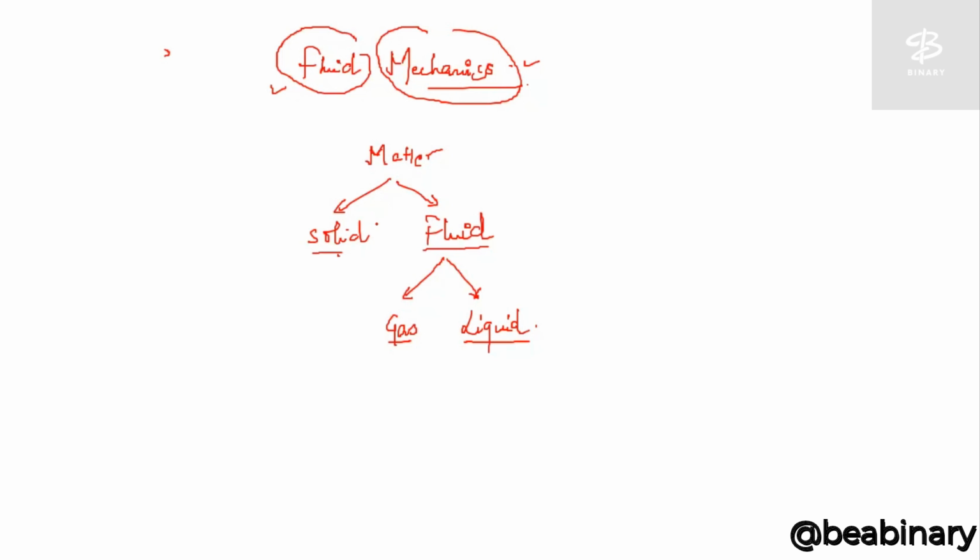In case of fluid, the intermolecular force is very less as compared to the solid. A solid has some definite shape and size, but fluids do not have definite shape and size. So what is the definition of the fluid?